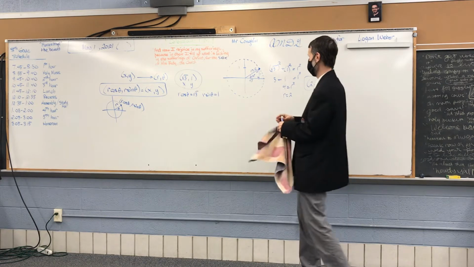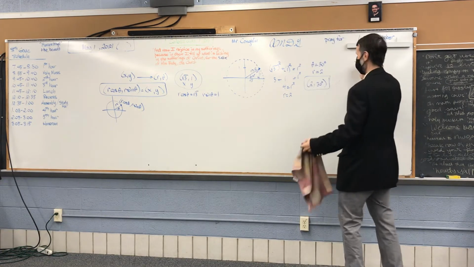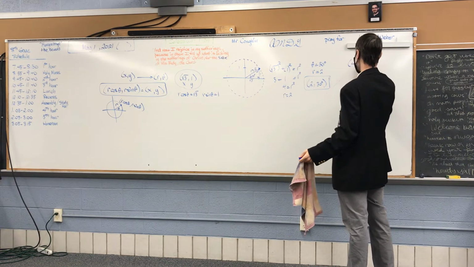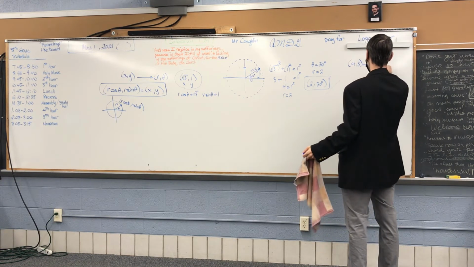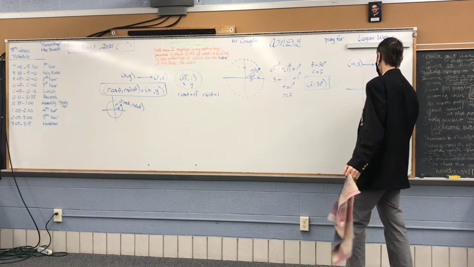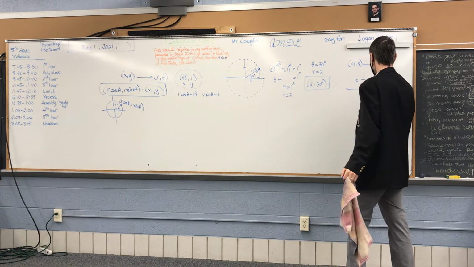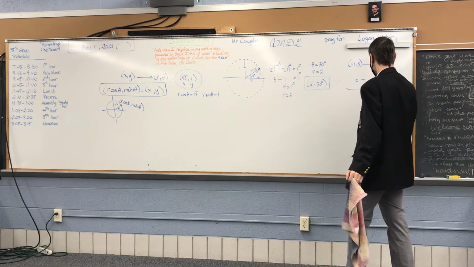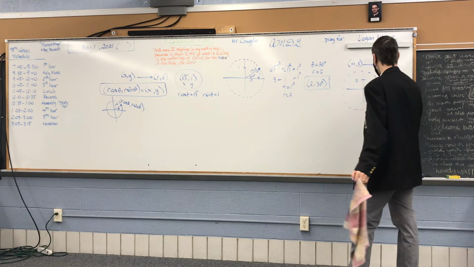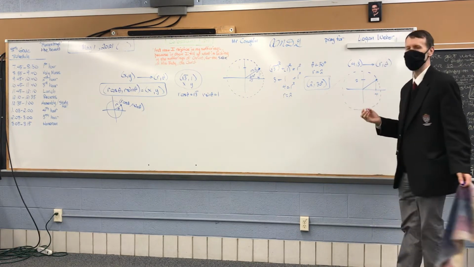So just for giggles, if I gave you 4, comma 3, and I want to get this into r comma theta. Graph it. Again, over 4, up 3. Does that look familiar to anybody, by the way? It's a 3, 4, 5 triangle.